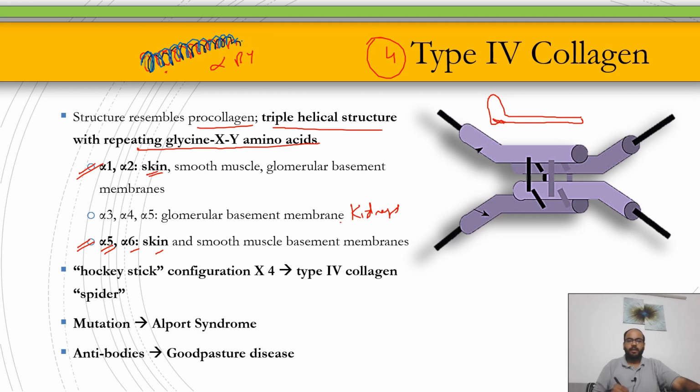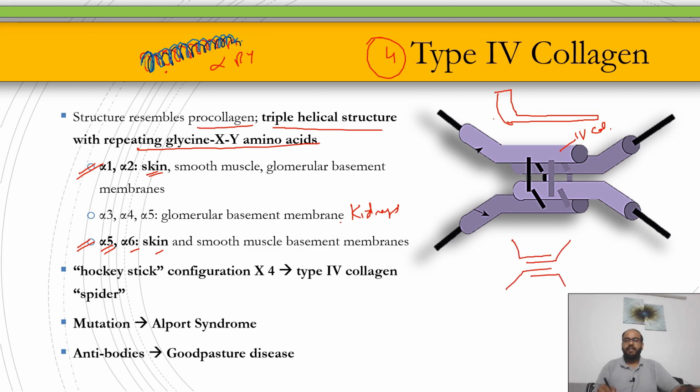I'll have to draw it again because the hockey that they mean here, I think, is more like ice hockey. So it's a hockey stick configuration. Can you see this hockey stick here? Yeah. And four hockey stick configuration type IV collagens, each of these purple cylinders is type IV collagen, come together to form this kind of a structure.